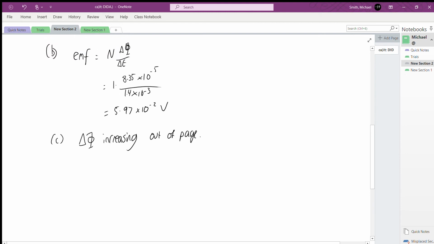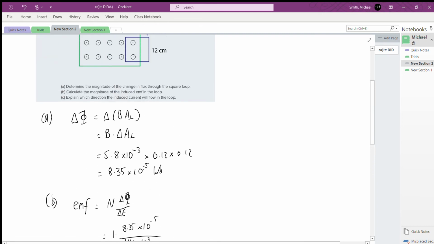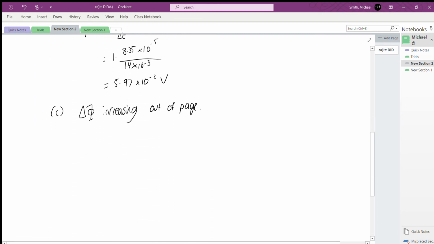Therefore, from Lenz's law, the magnetic field due to the induced current needs to be directed into the page.